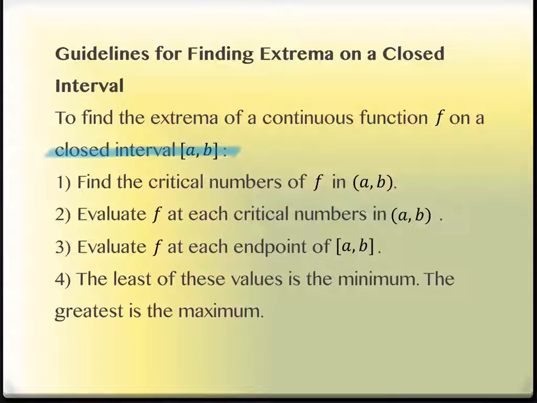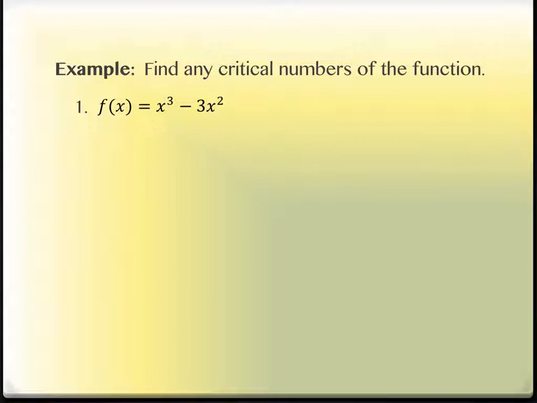Okay? So let's take a look at how this works. We're supposed to find the critical numbers on this one. We're not finding the maximum, minimum, we're just finding the critical numbers. So critical numbers are when what happens? When it changes direction potentially, and it happens when the derivative is equal to 0 or doesn't exist.